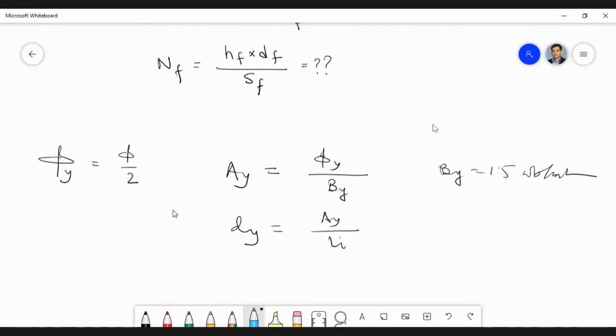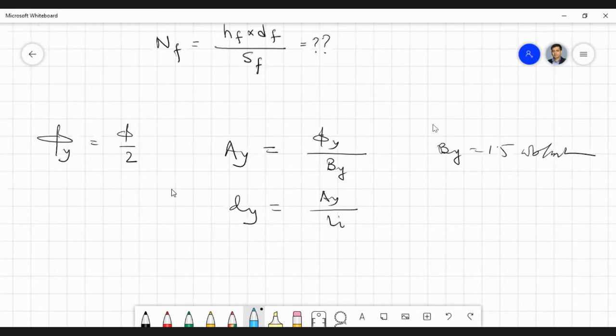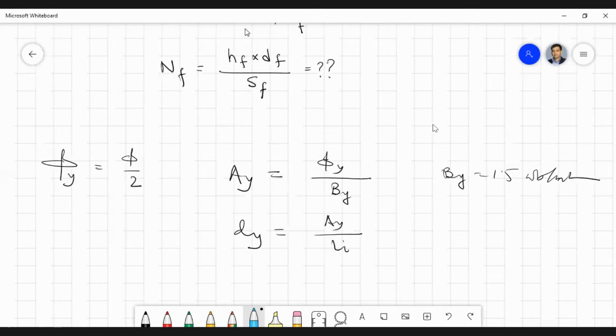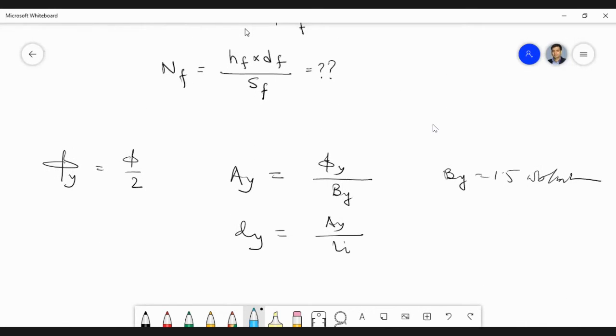No, that you have to find out the depth. That is more important. Area of the yoke you can find out by dividing by the flux density only. Yes, sir, I have got the area of the yoke. Okay.